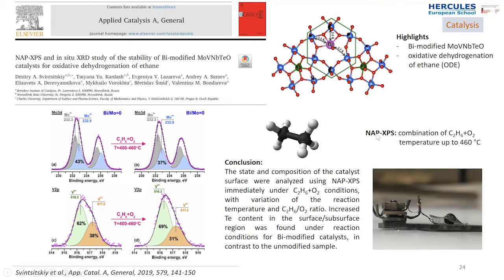You can either crush this sample, make a powder, then press it in the foil, or like in this case, there is a hole in a mesh, and the mesh is then spot welded on the surface. So this kind of surface was measured for the experiment. It's all connected, it's conductive, and you can also measure these kinds of not typical samples.